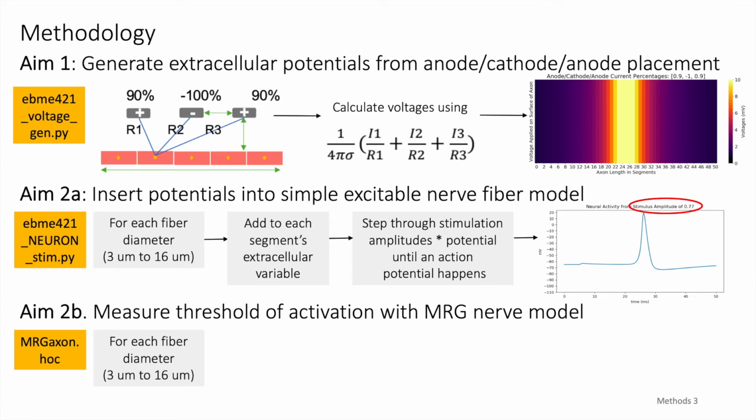Initially, we were going to apply extracellular current along the fiber, as we did in 2A, at each point along the MRG model axon. However, due to the way our code interacted with the MRG code, this caused errors. To get around that, we inserted current at each node of Ranvier.